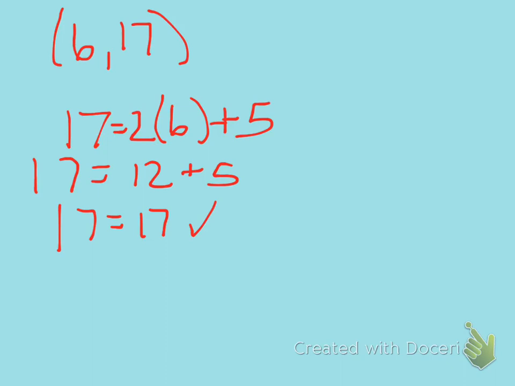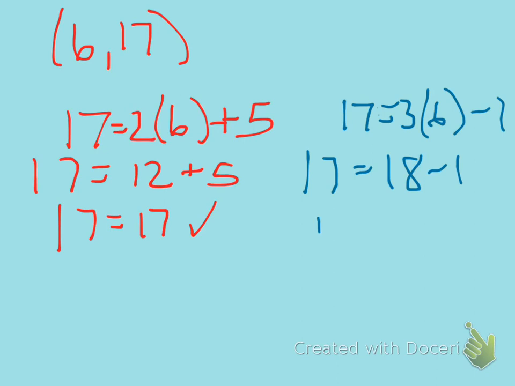And I'm going to do the same thing with the other equation. So 17 equals 3 times 6 minus 1. And 17 equals 17, so that is correct as well. So this tells me that my solution of (6, 17) is in fact correct.